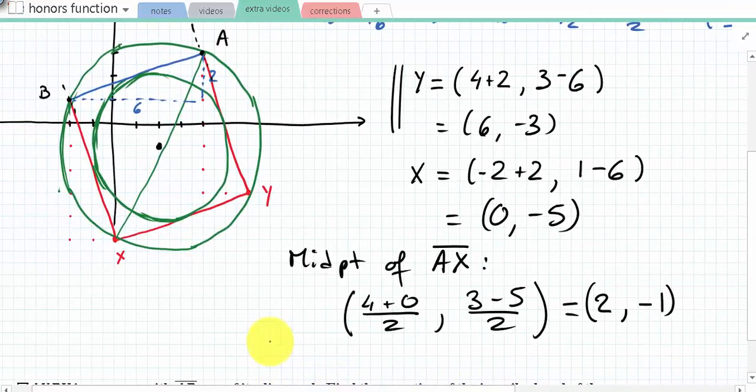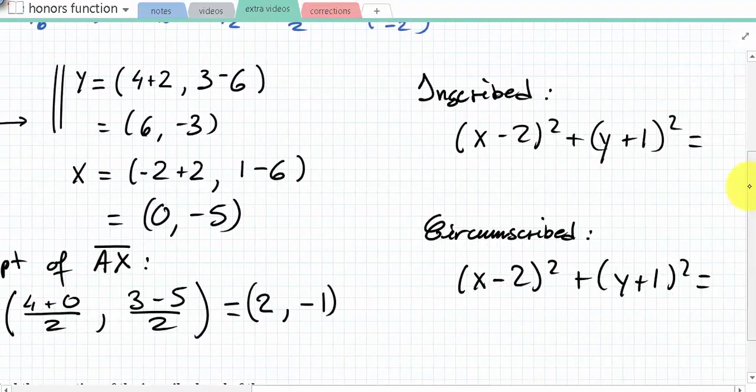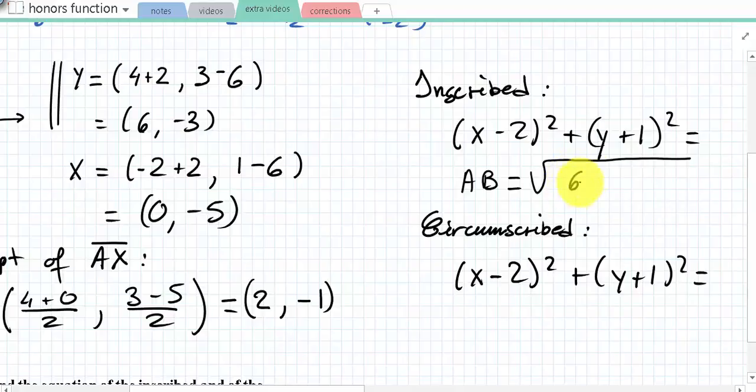So what is the radius of my inscribed circle? Well, you will find it here, that would be the easiest, or here, or here, or here. And this is just half a side. It doesn't matter which you take. So let's check out the length of the side AB. So AB is the square root of XA minus XB, well, that's just the run, right? So it's 6 squared. YA minus YB is the rise, plus 2 squared.